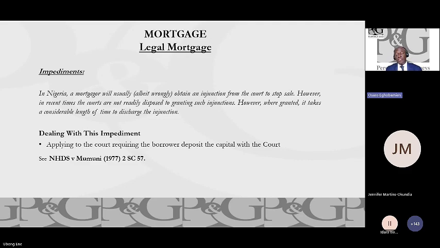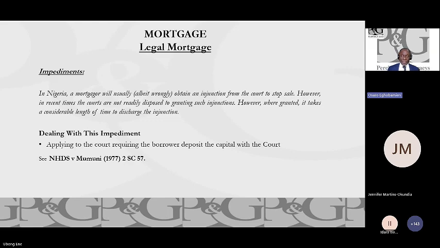We've used this method often. Whenever the courts declare that the borrower should pay the outstanding obligation, the capital, into court or to the bank, that usually resolves the matter. And it's even better when some of these provisions are actually included in drafting.